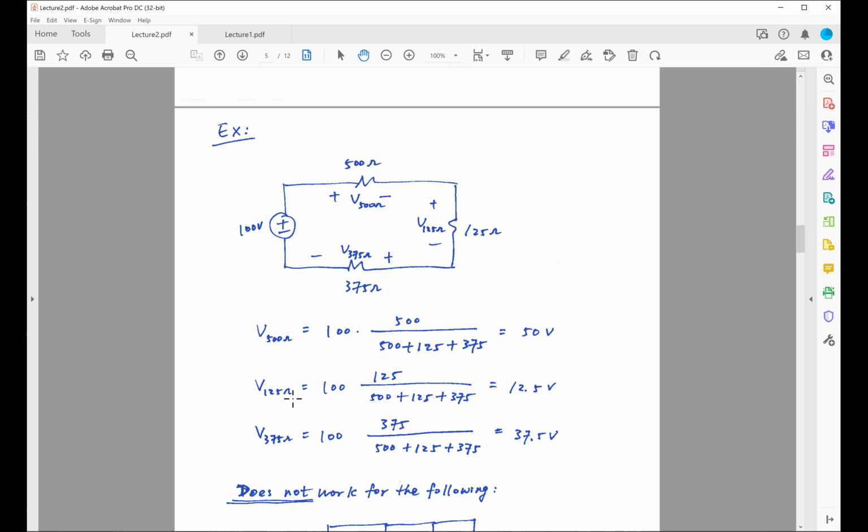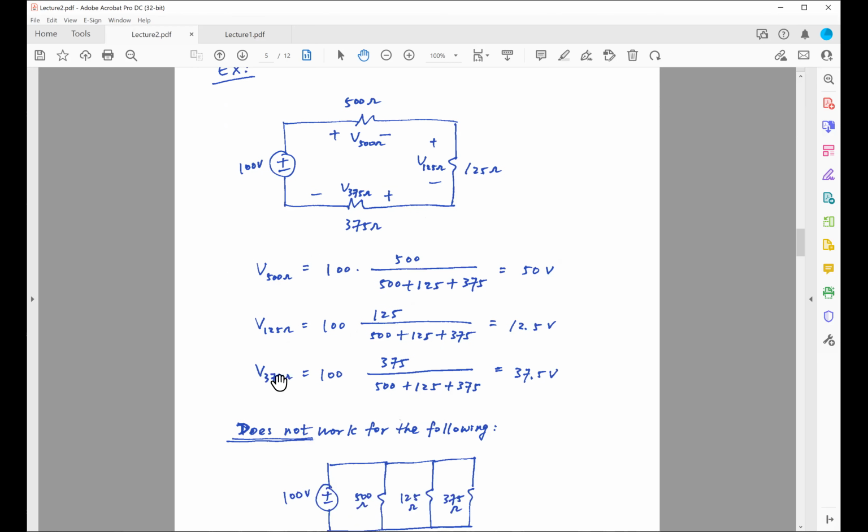Next, V125 ohm, the voltage dropped across this 125 ohm resistor, is simply equal to Vs, which is this 100 volts here, times 125 divided by the sum, and you get 12.5. Similarly, V375 is equal to Vs times 375 over the sum.